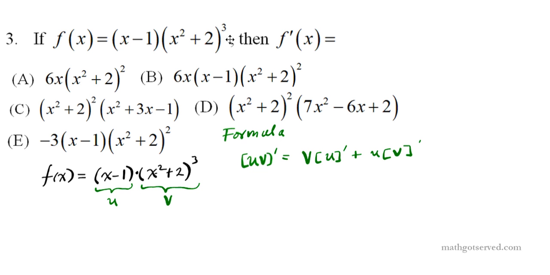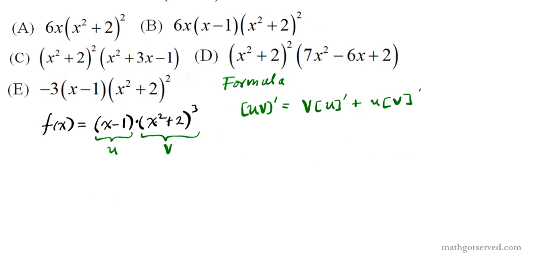All right, so let's go ahead and apply the product rule here. So I'm going to set it up first before I differentiate. It's always good to set up your derivatives before you start differentiating to avoid getting confused in your application of the formula. Okay, so f prime of x is going to be v, which is (x squared plus 2) raised to the third power, times u prime.